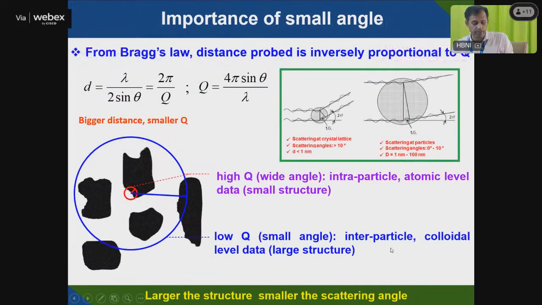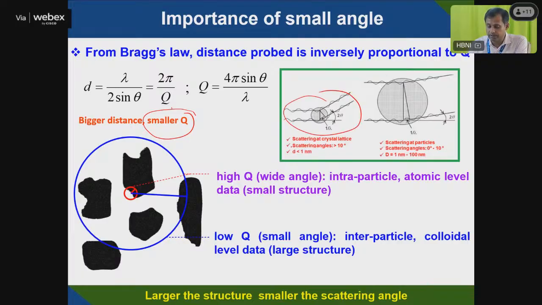That is a common equation. Then you see what the main structure is that you will measure here. From Bragg's law, as you know, the distance probed is inversely proportional to q, d equals 2 pi by q. So the bigger the distance, the smaller the q. Here you see a small particle and a big particle.